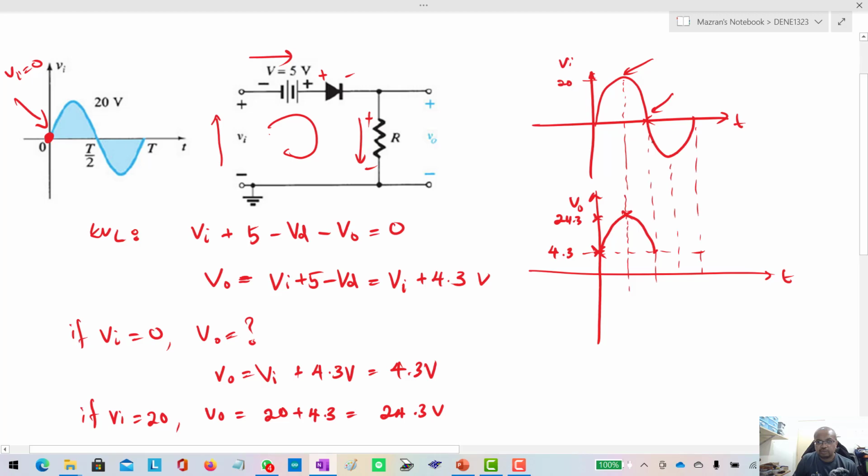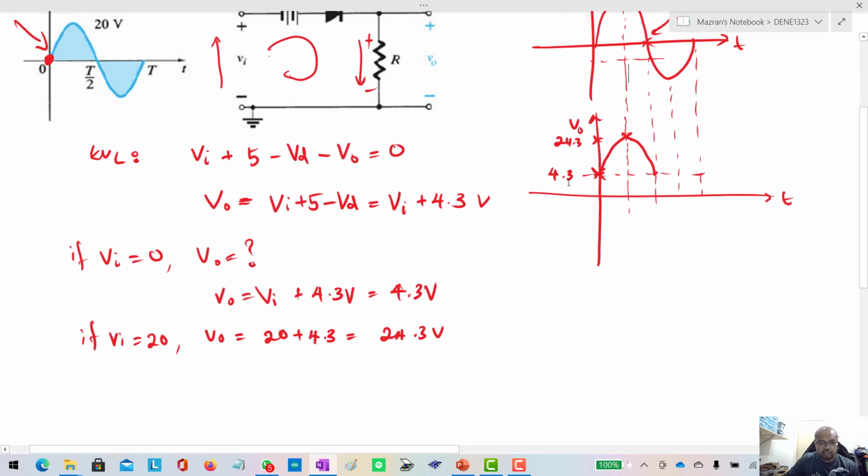What if V out is 0? When is V out going to be 0? Let's put it in the equation. If V out equals 0, with the equation V out equals V in plus 4.3 volts, then V in equals minus 4.3 volts.